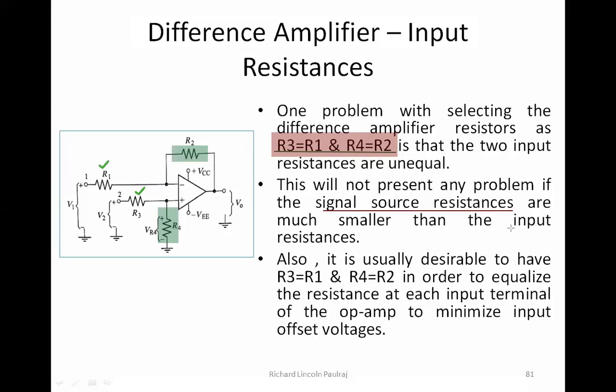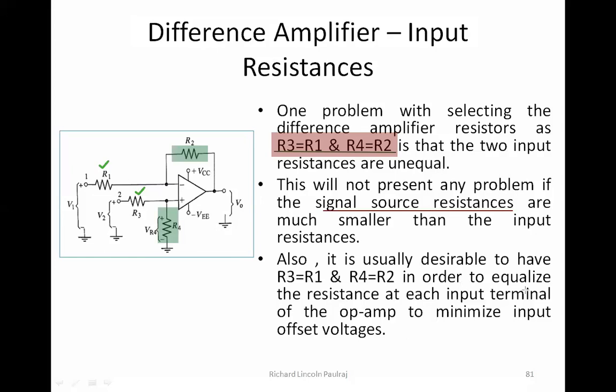RS is nothing but your signal resistance. If the signal resistances are too small, then this particular combination is not going to affect the circuit. These should be much smaller than the input resistances. Input resistances, what are those? R1, R3, and R4.